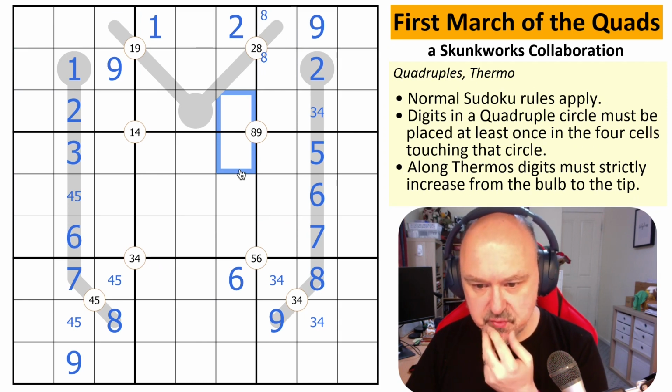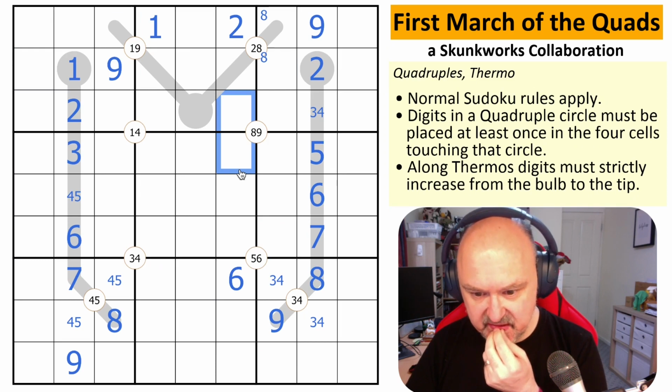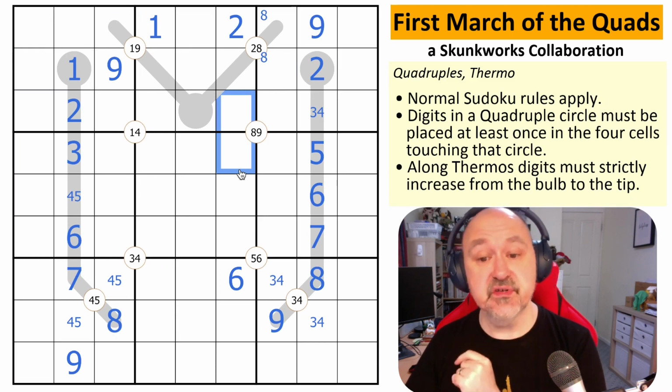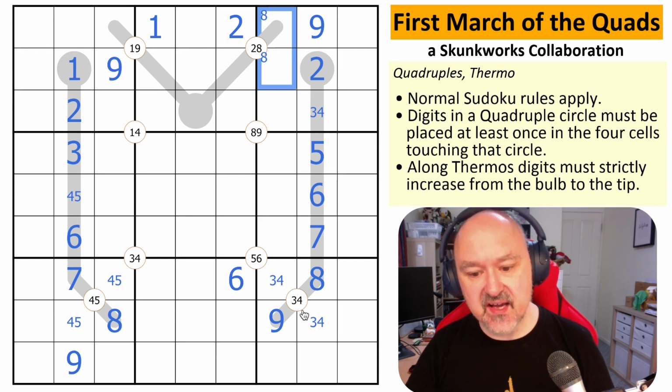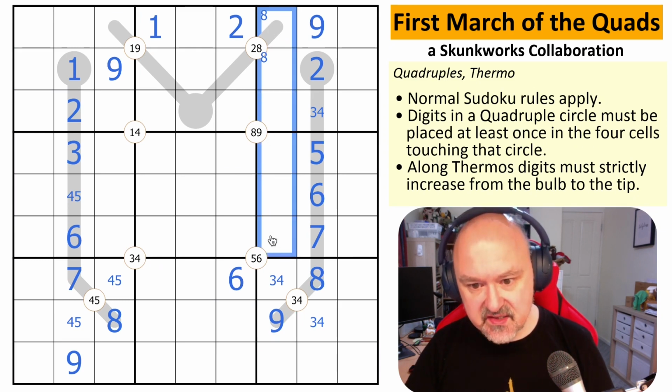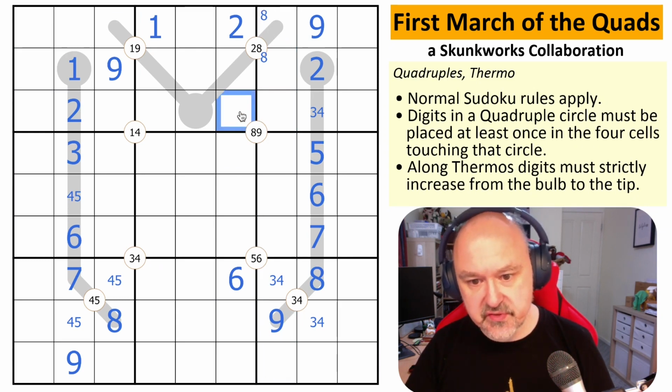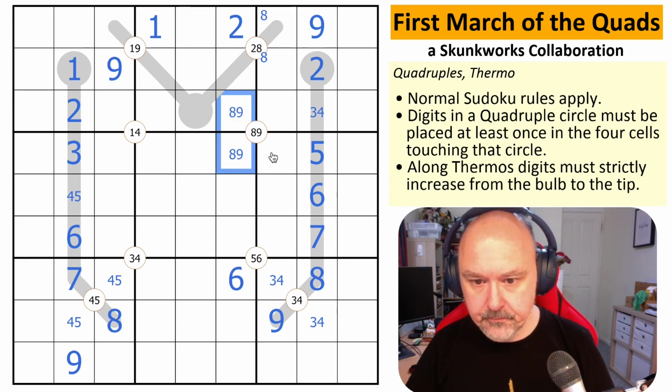Do I want to do it? Do I need to do it? No, I don't. Because now I have 8 and 9 in this column taken up by not those 2 cells. So this becomes an 8-9 pair. And this quadruple is now complete because I can't put either 8 or 9 into those cells, and I need to have 8 or 9 in those 4.